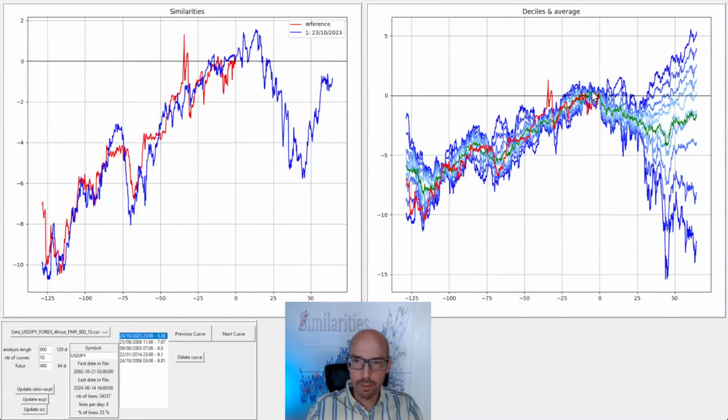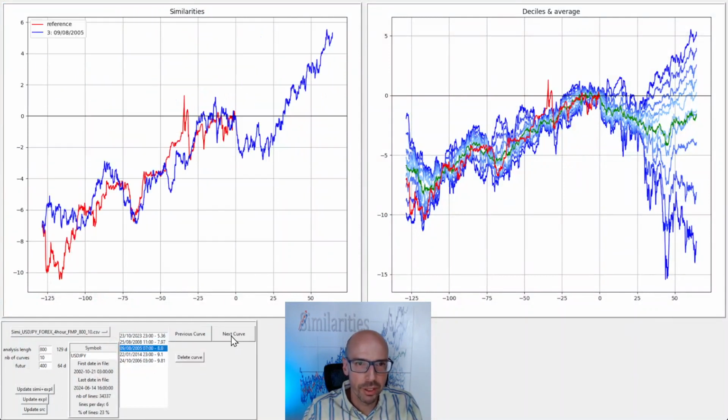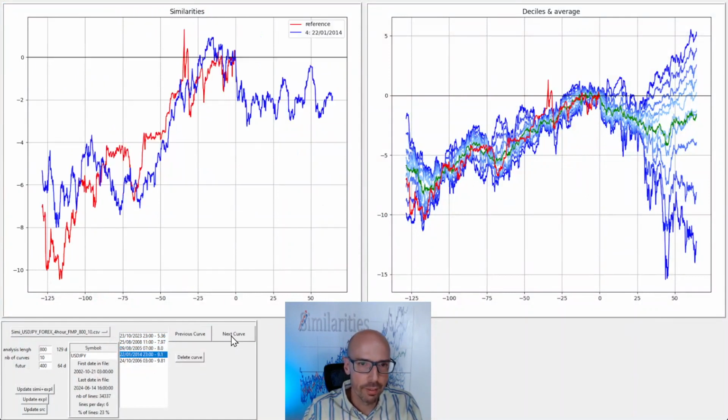Here we still have a down movement expected. I have 5 curves over the 10 curves that gave me my analysis, all right? And they are indicating either a down behavior, a topping formation, or a pause for the next 25 days.